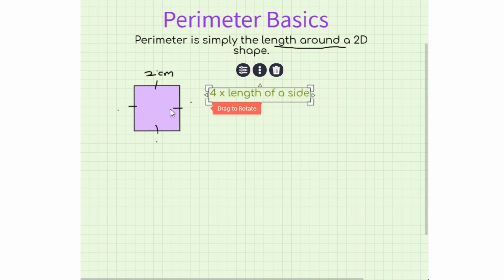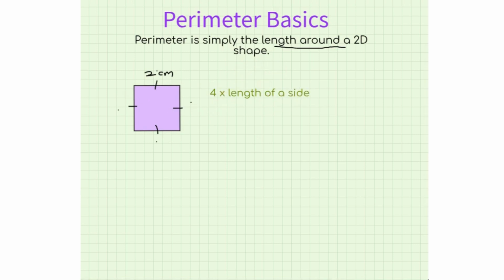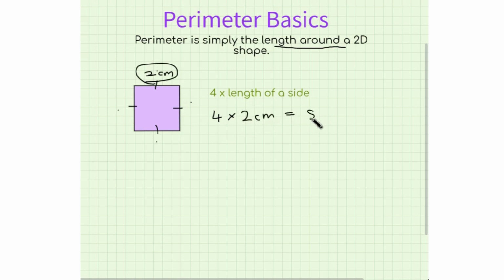Now if we did 4 times the length of the side, that means again we will be doing 4 times, what's the length of a side? That's 2 centimeters. 4 times 2 centimeters, and 4 times 2 equals 8 centimeters. So we would get the perimeter of the square right away.